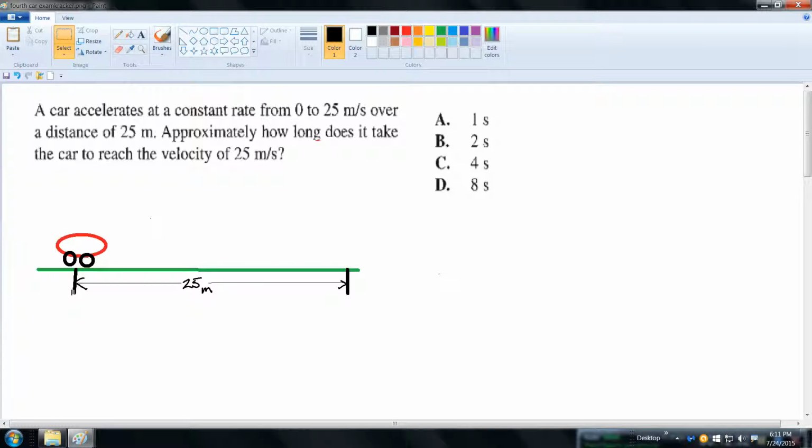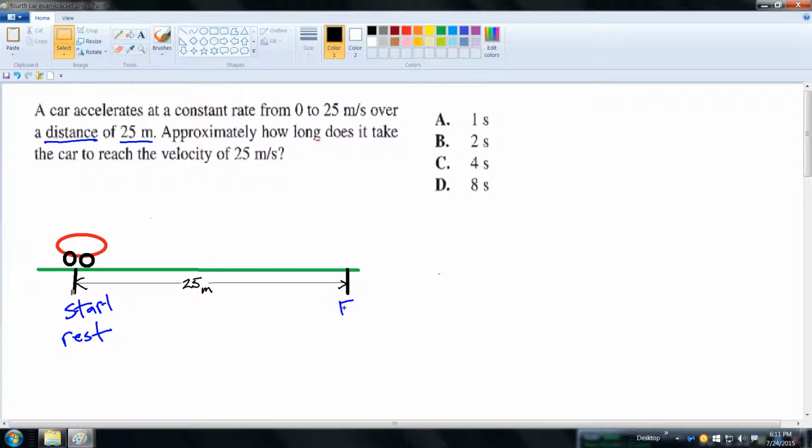And now notice that they use distance. Distance is actually scalar. But we can say that the distance of 25 meters is also the displacement because they're taking the same path. So we're starting here at 0. It's at rest, and it's going in a straight line path.